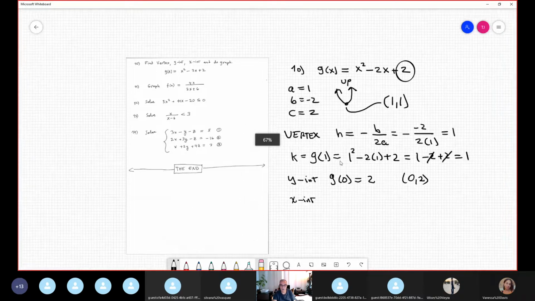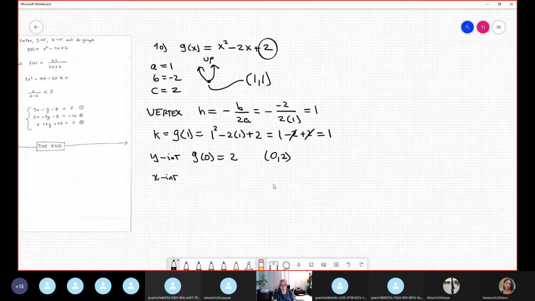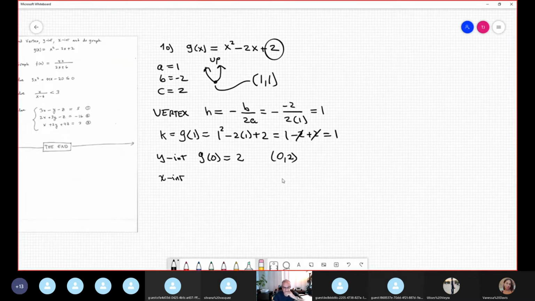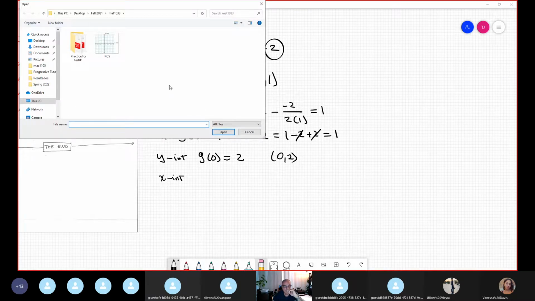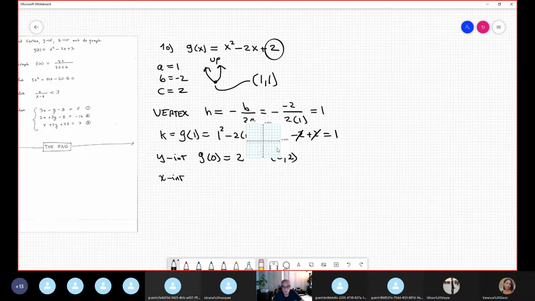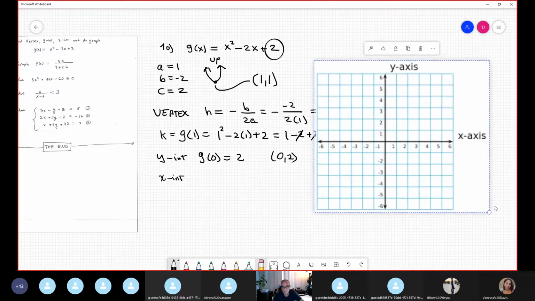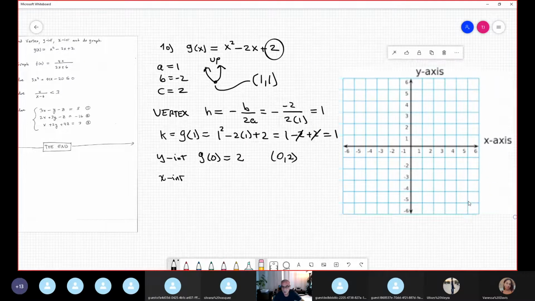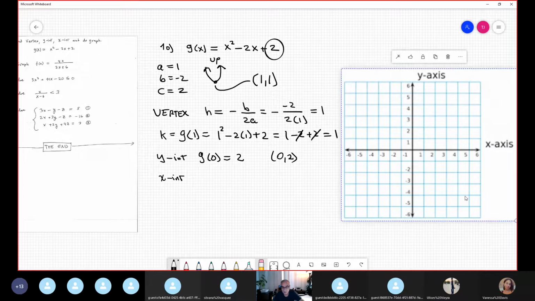If you pretend to find an x-intercept, I suppose that you cannot. Because, look, using my imagination and common sense, look at what's going on. This is my rectangular coordinate system, and this parabola I need to graph now. I found that the vertex is located at the point 1, 1.